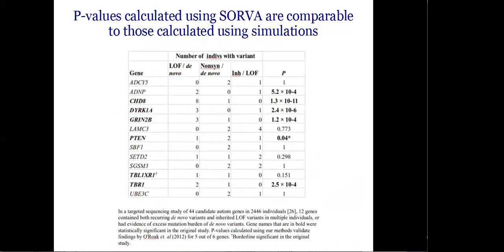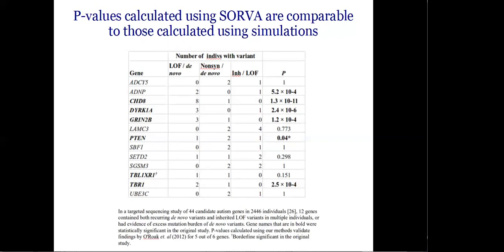What we did was compare how SORVA would have done in calculating the significance of some of these findings. So we compared the gene list found by one recent study in which 44 candidate autism genes underwent targeted sequencing in over 2,000 individuals.